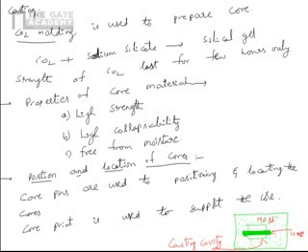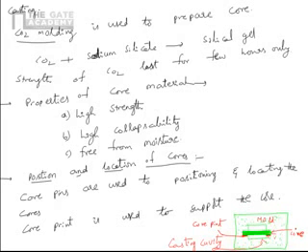This part is the core print, the supporting part. There we use pins and all those things, but this area is called the core print, on both sides. It's only sand supporting the core.